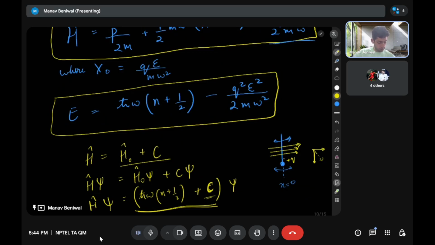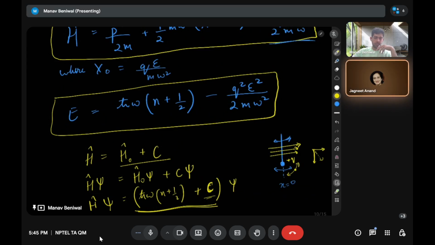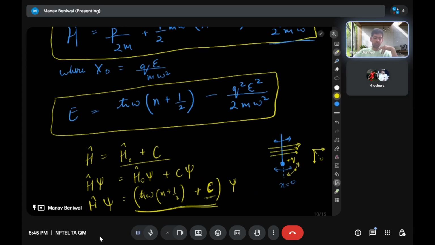So instead of this being its equilibrium position, it will have some different x which is not 0, right? Instead of oscillating like this, maybe it now oscillates like this. So then this is the equilibrium position. Yeah, so there is a shift in the equilibrium position of our oscillator.